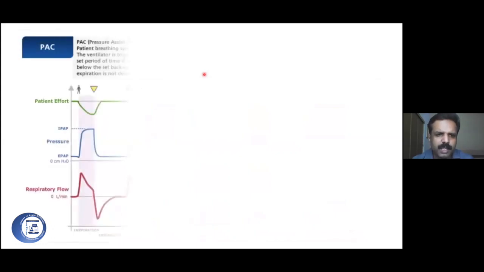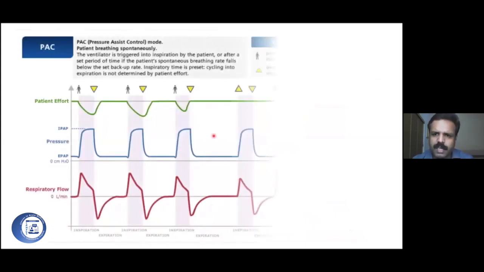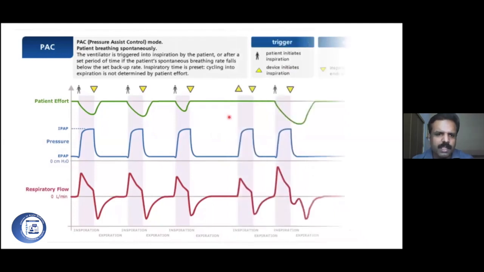But the difference in PAC is that the patient can initiate, and if not breathing the device can also initiate. But the inspiratory phase ends at TI. Here you can see at TI itself the inspiration ends.